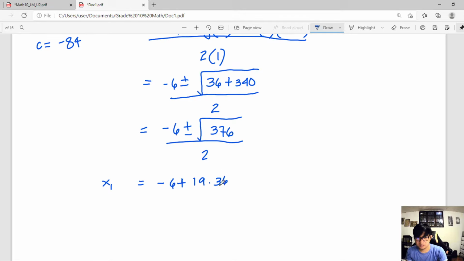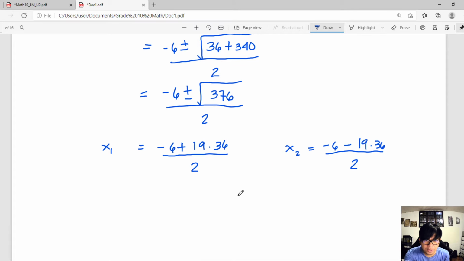And the other one is negative 6 minus 19.36 over 2. Earlier it was plus, now this one is minus. We just split it, all over 2.